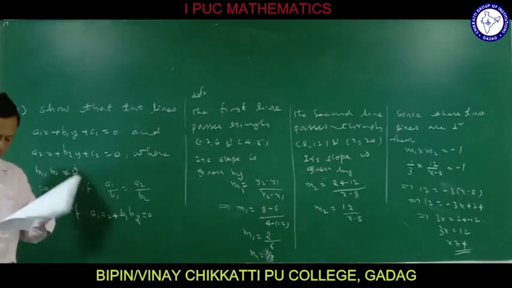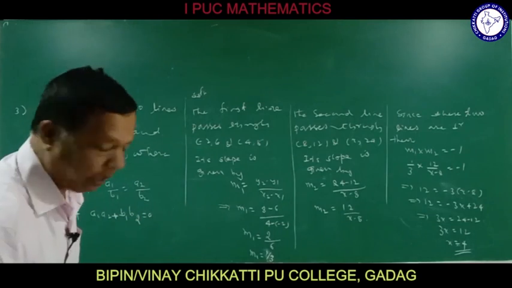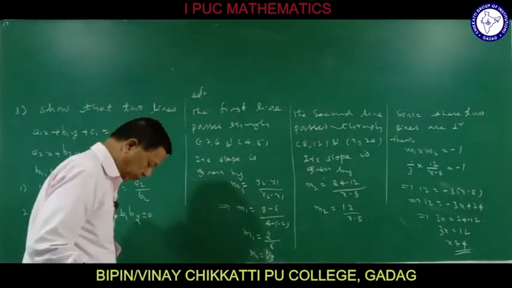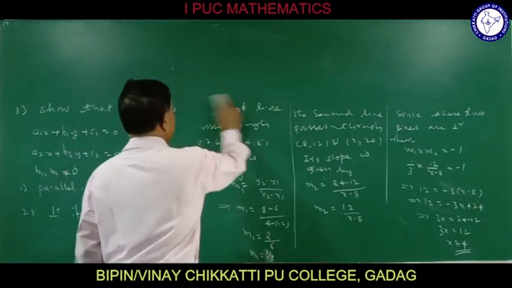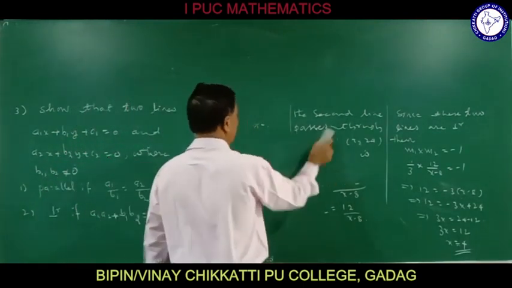And here you have to understand how to prove this result. Already I have given this formula, but now I have to prove it. How we get these two results when they are parallel, when they are perpendicular.